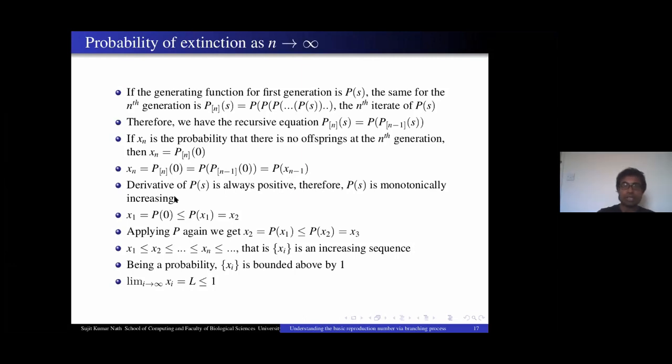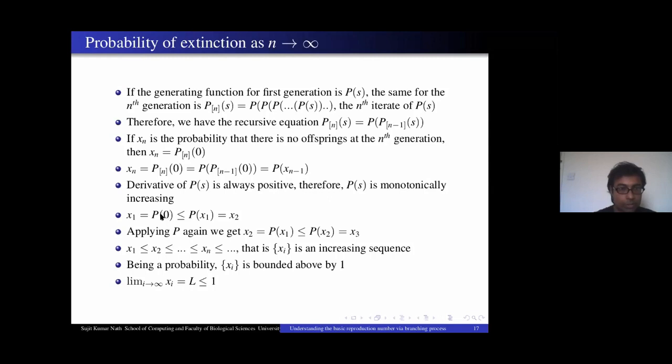Now, as P is a polynomial and every term is positive, the derivative is always positive, and so P is a monotonically increasing function. So x1 is P(0), which is less than or equal to P of x1, which is x2, because x1 is something other than 0, which is greater than 0 because this is a probability.